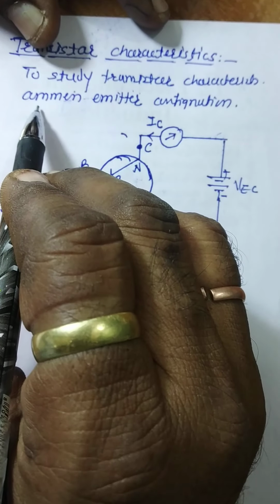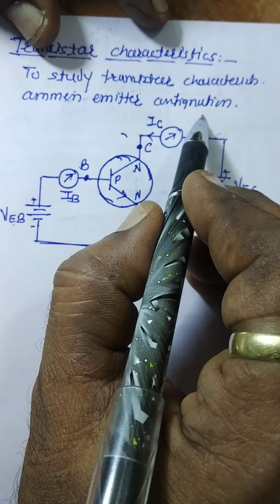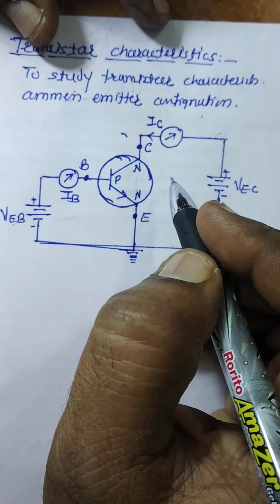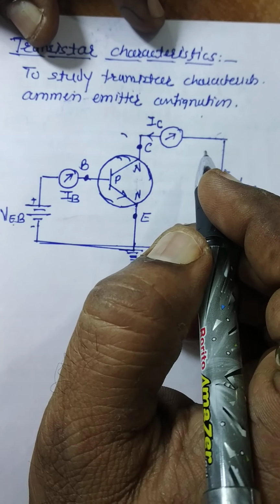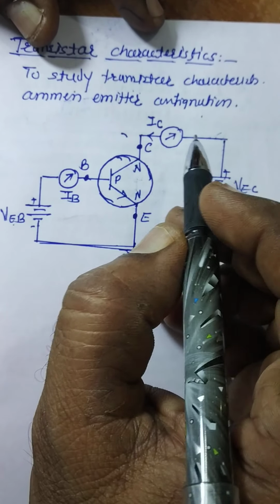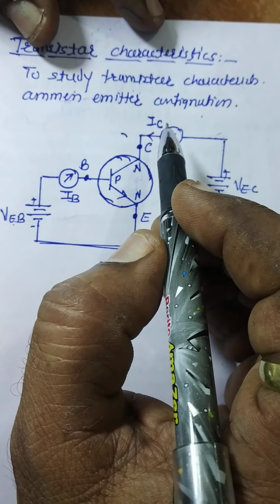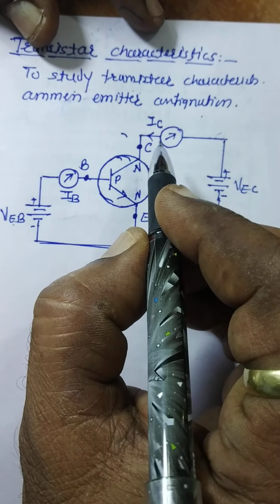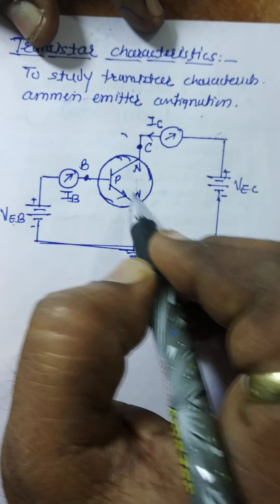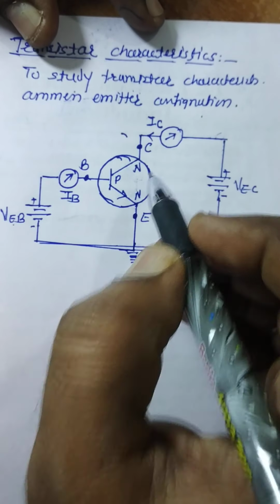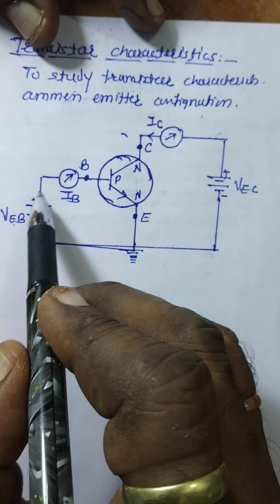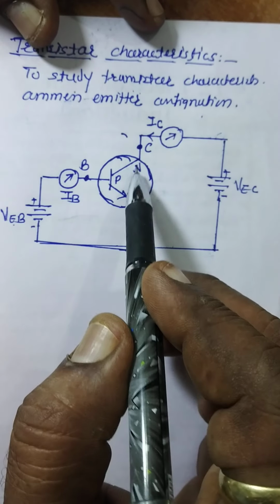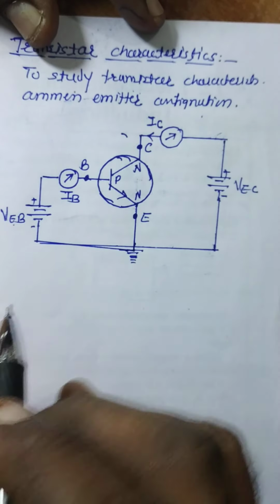To study the characteristics of transistor, consider common emitter configuration of NPN type transistor. Emitter base junction is forward bias, while base collector junction is reverse bias.